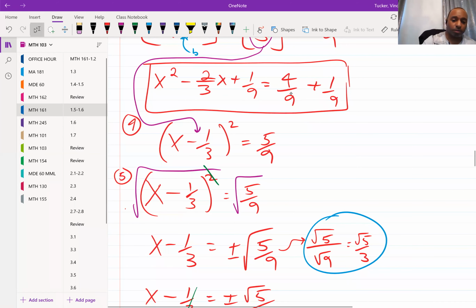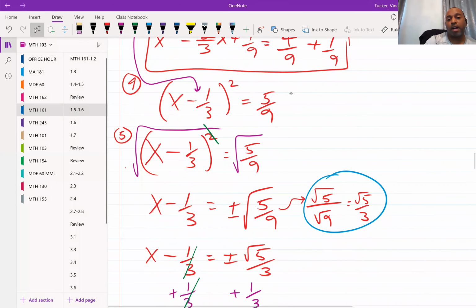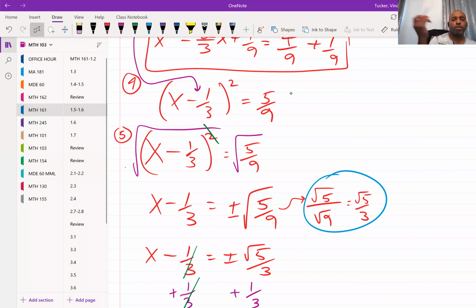In the blue circle, I just went ahead and broke it up, square root of 5 over square root of 9. We can simplify it a little bit further, but not all the way, because you cannot take the square root of 5 evenly. So you leave the 5 under the radical, but you can take the square root of 9, which is 3. And so that'll be square root of 5/3. Also, just to reemphasize, since we took the square root of both sides, plus or minus has to be involved as a part of your equation now.